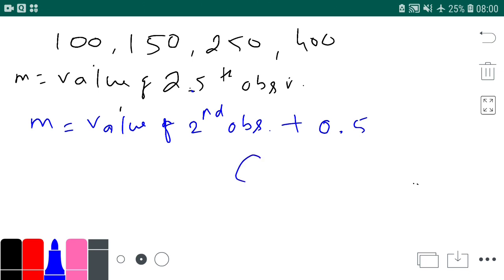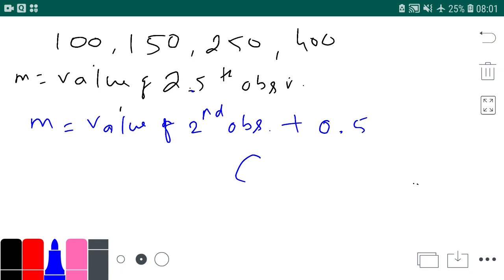2.5 is the digit between which two digits? 2.5 is obviously between 2 and 3. In 2 and 3, which is bigger? 3 is bigger and 2 is smaller.